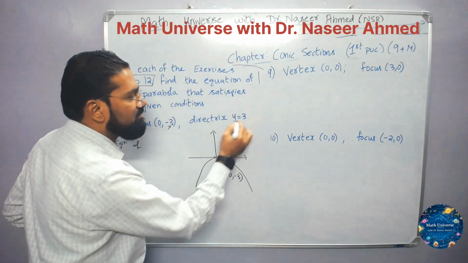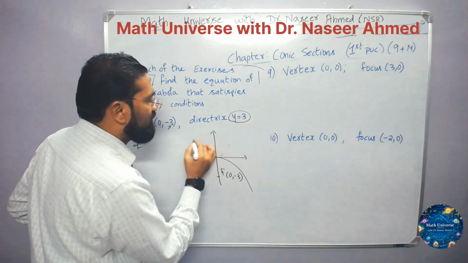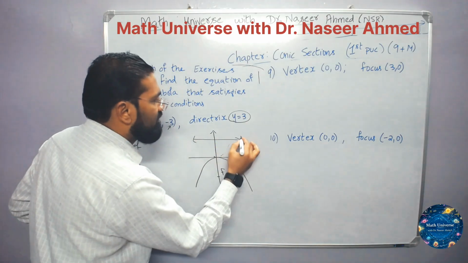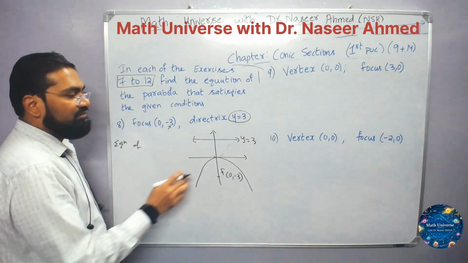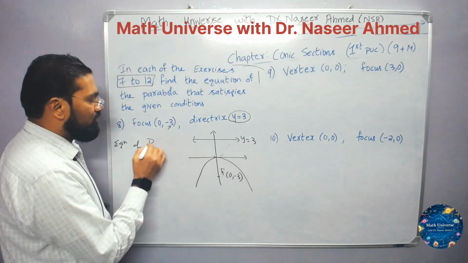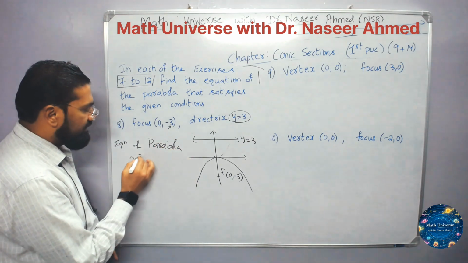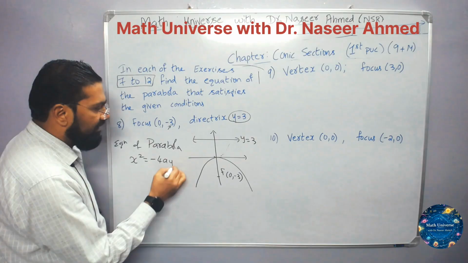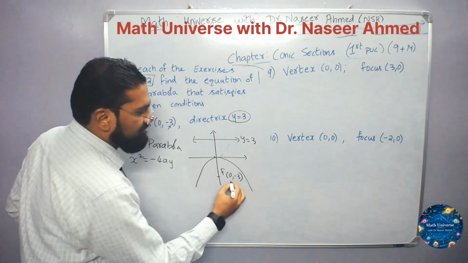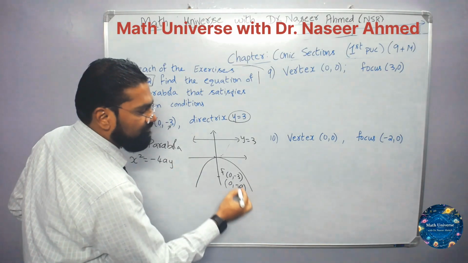Now the directrix should be opposite, and you can see y equal to a positive value. Here it's a horizontal line, y = 3. So from this it is very clear that the equation of the parabola will be x² = -4ay. Now the focus will be (0, -a), so the negative will get balanced.